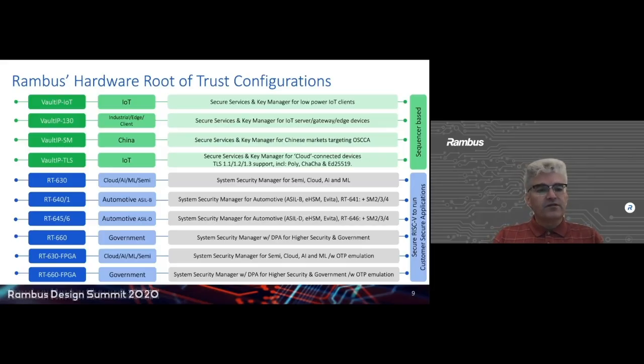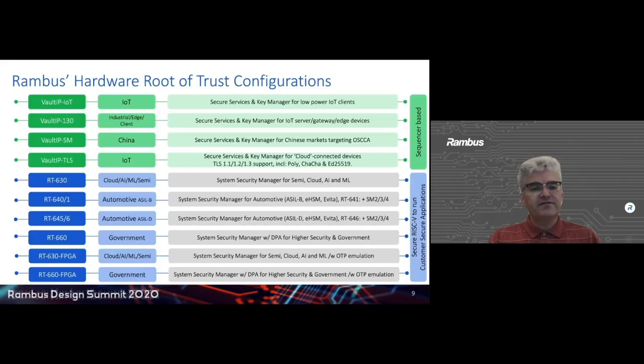And in the blue, there is a family of distinct configurations and implementations of the Crypto Manager, ranging from cloud to automotive to specific government implementations, increasing also the attack protection for a larger attack surface. And then on the bottom, we have these two specific implementations for FPGA. And what you see in the part numbering is that automotive is a distinct implementation where you have detection for single event upsets.